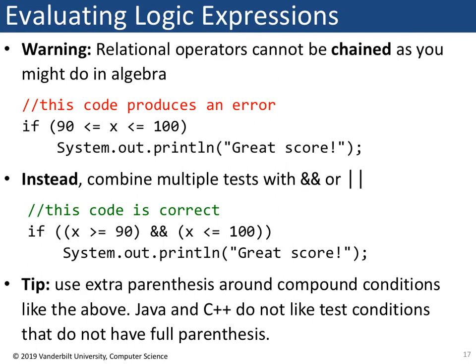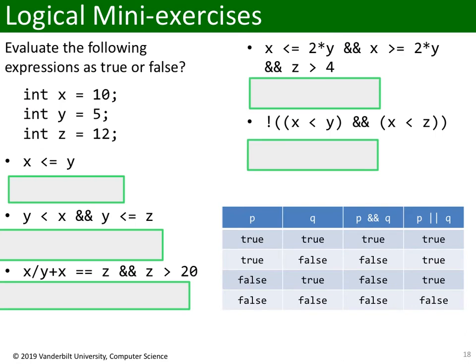While that is true, parentheses make code more readable, and it is more likely that someone will understand a parenthesized statement than be able to read it simply based on the operator precedence. At this point, pause the video and do this mini exercise to check that you understand how Boolean expressions will evaluate. Use the values set for the variables x, y, and z here.